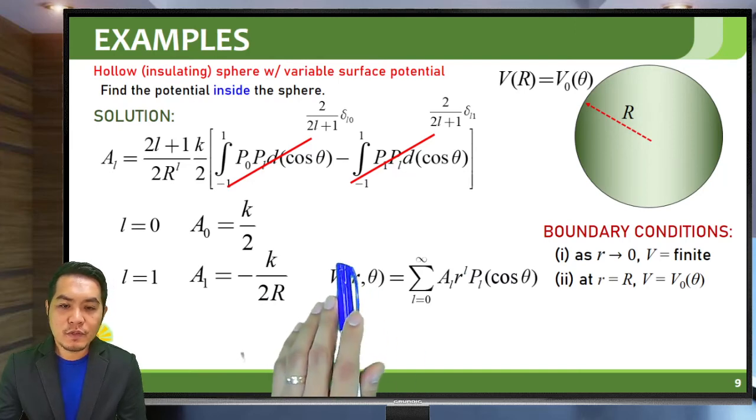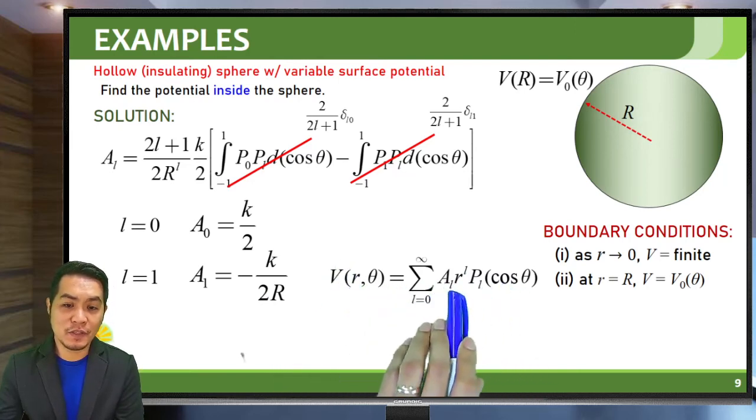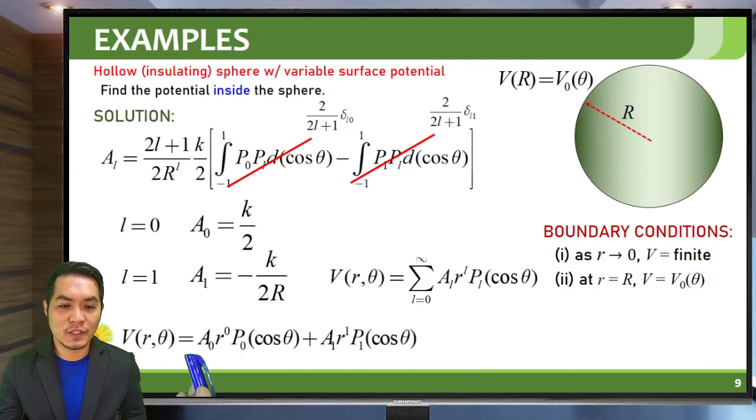So going back to our general solution, which is a summation, only two terms will survive in the summation: L is equal to 0 and L is equal to 1. We already know that P0 is just equal to 1 and P1 is just equal to cosine theta.